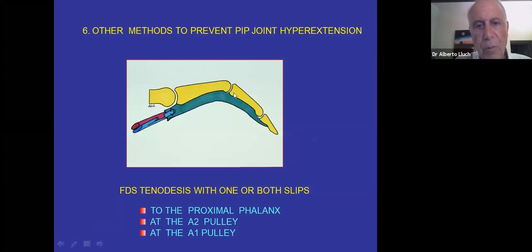And personally, to prevent extension of the PIP joint, I use a slip of the sublimis of the flexor tendons. This is a technique that has been done by other authors.